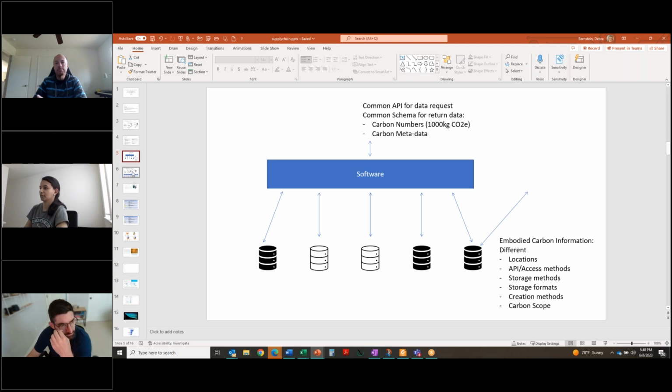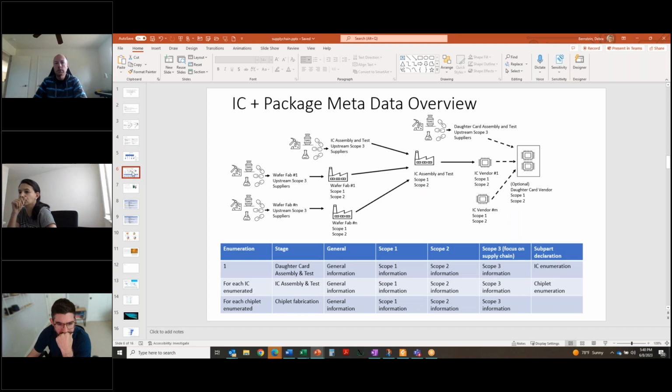Okay. So this next page is meant to give an overview of the schema. It's basically the same picture we already looked at. I just drew the supply chains a little bit more cartoony. So if we were to take an overview of the schema, at the daughter card assembly and test, again, this is optional.